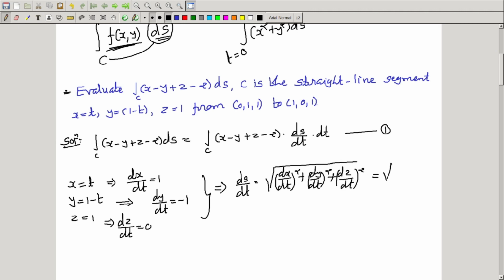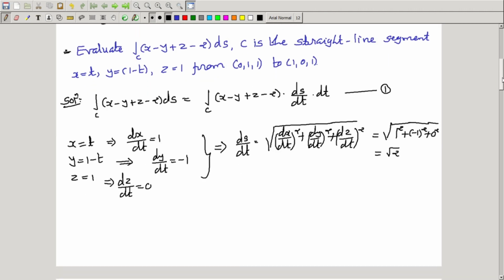So this is equal to the square root of 1 squared plus (minus 1) squared plus 0 squared. So this is nothing but square root 2 only. Right. So let us substitute these values in equation 1.